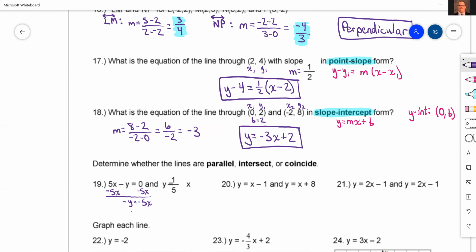Divide by negative 1, and you get y equals 5x. Now let's look at the slopes. 5 and then 1/5. The other line is just y equals 1/5 x. Are they the same? No, so that automatically means they have to intersect. If they're not the same, then they have to intersect somewhere.